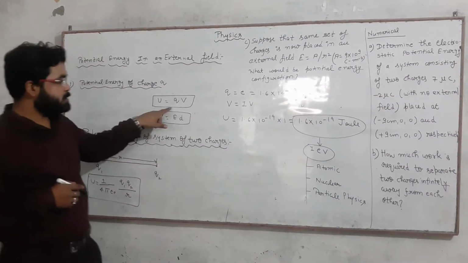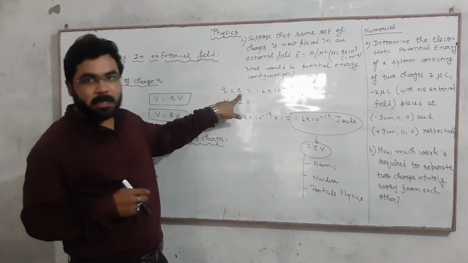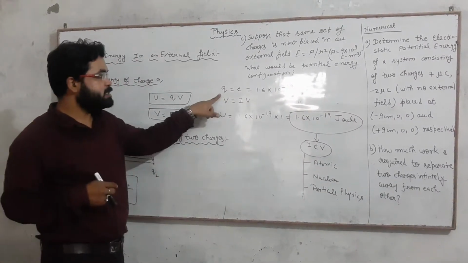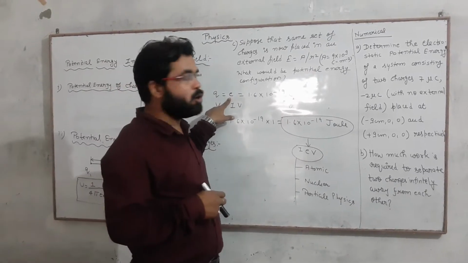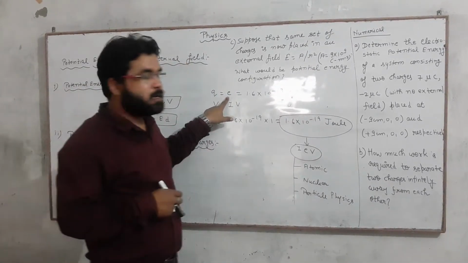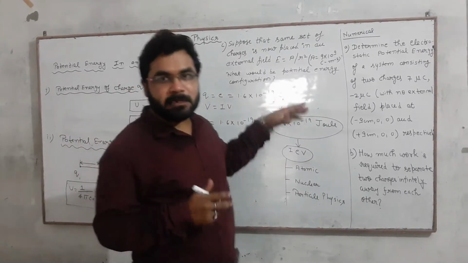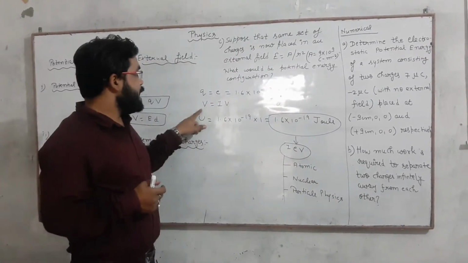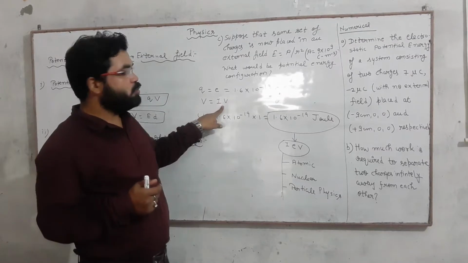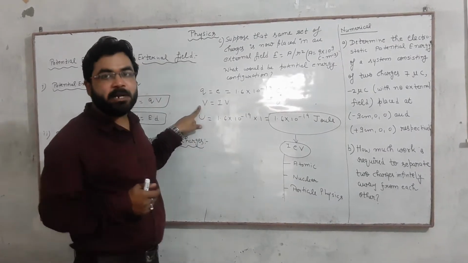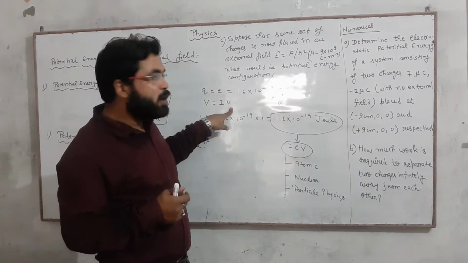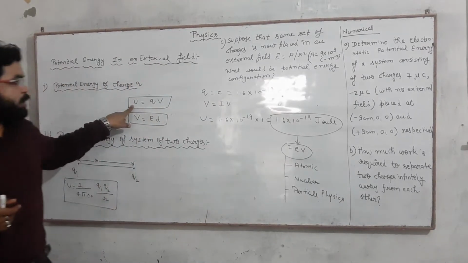In that case, if we say Q is equal to e, meaning electron, what is the charge of an electron? The charge of an electron is 1.6 into 10 to the power minus 19 coulomb. And if we say V is equal to 1 volt, then what will be the potential energy?